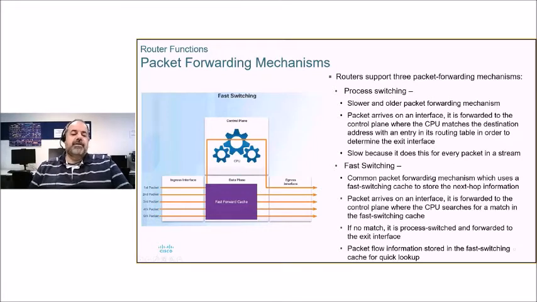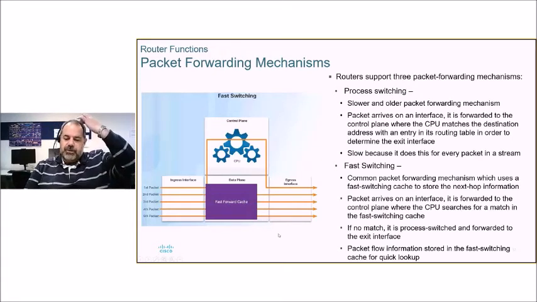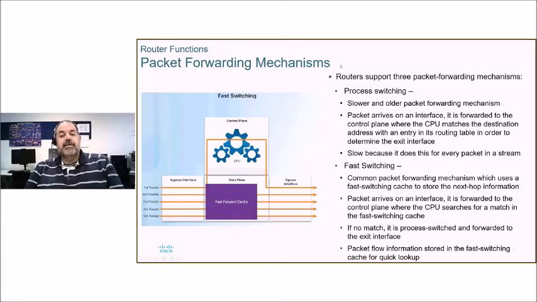It doesn't have to go in RAM and be chugged on by the CPU for every packet. The first one is required to go through that process just so that the router can figure it out. And then it just keeps that information in the cache so it knows how to forward the subsequent frames or packets.